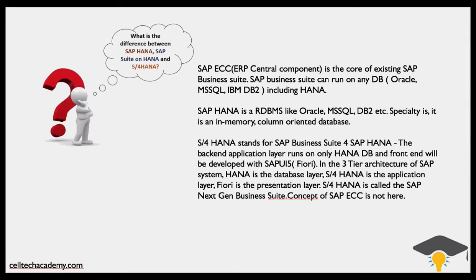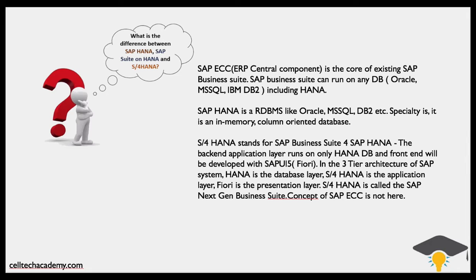Here in this slide, we're going to look at the difference between SAP HANA, SAP Suite on HANA, and S4 HANA. SAP HANA, we did see its capabilities, is like a regular relational database, but it has some special functionality which other databases could not perform, like in-memory, column oriented, and business functional processes happening within the database.